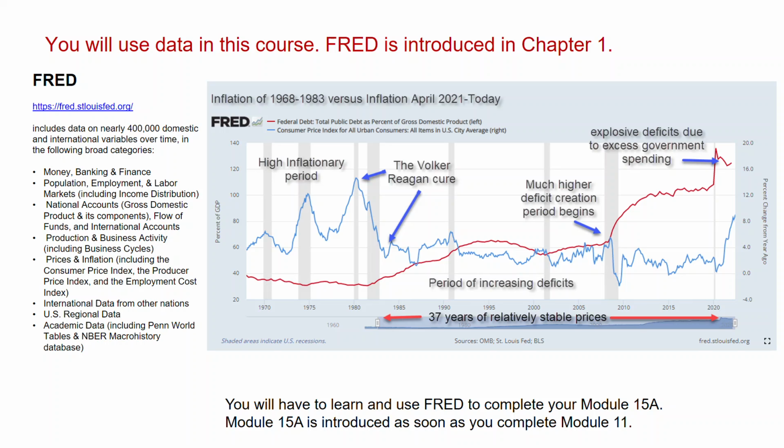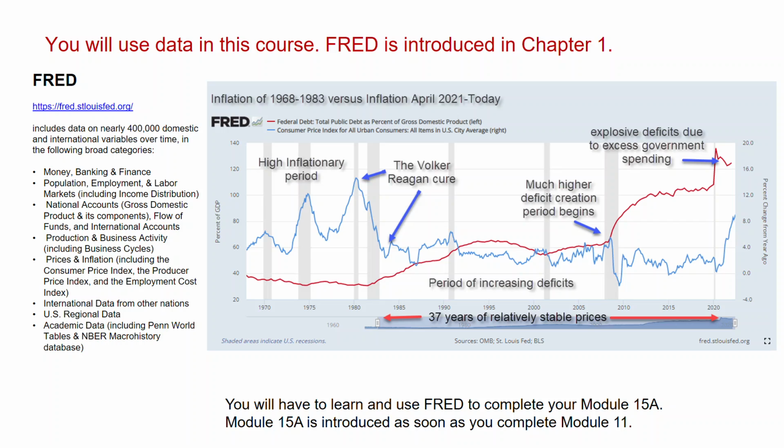Anything changed dramatically? Well, what about deficits? And particularly, deficits in 2020, 2021 were absolutely massive. Is it any wonder that 37, some say 40 years of low inflation is currently over?